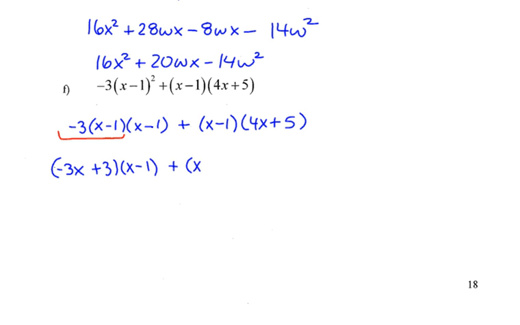Now, this part here, do you want to expand it right now, or do it later? Expand it now. Okay, so how would you write that if you want to expand it? X times 4x plus 5.